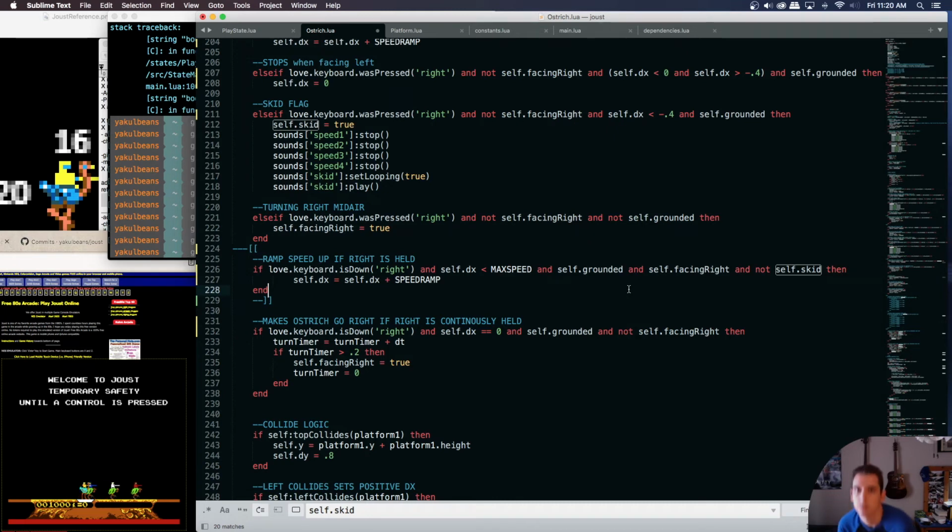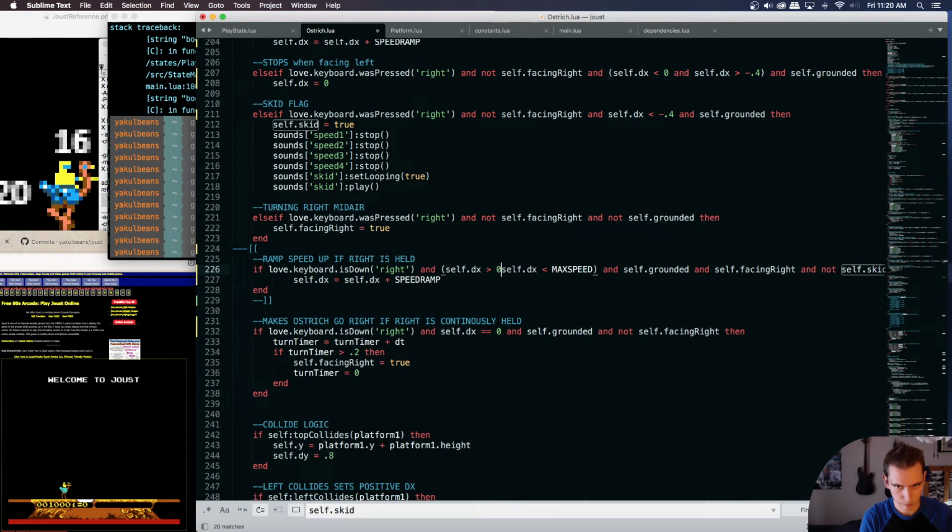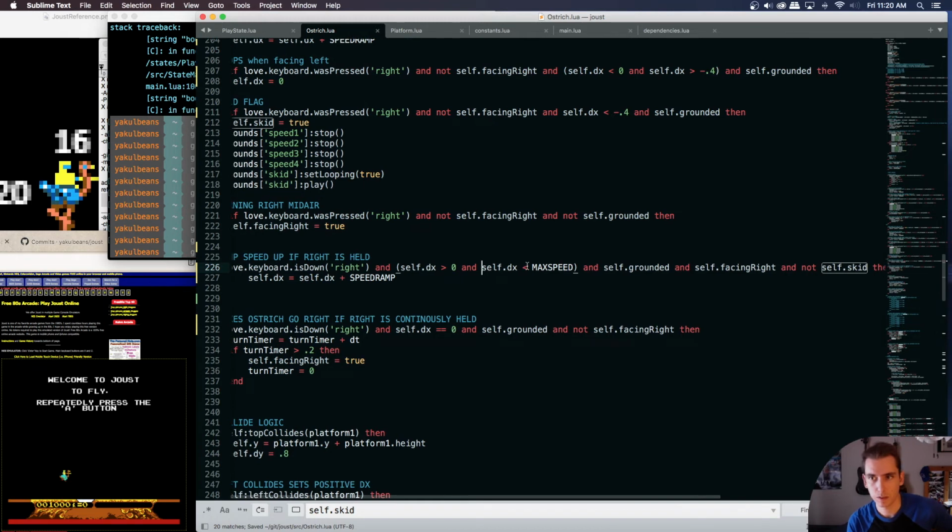So if right is down, I think dx is smaller than, do we want to see if dx is greater than 0 and smaller than max speed and not skidding?